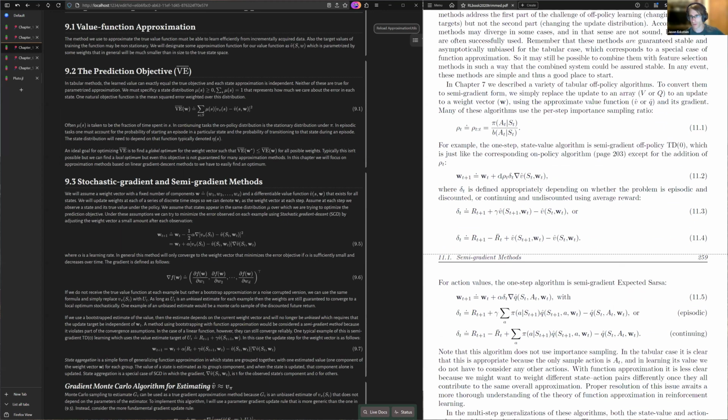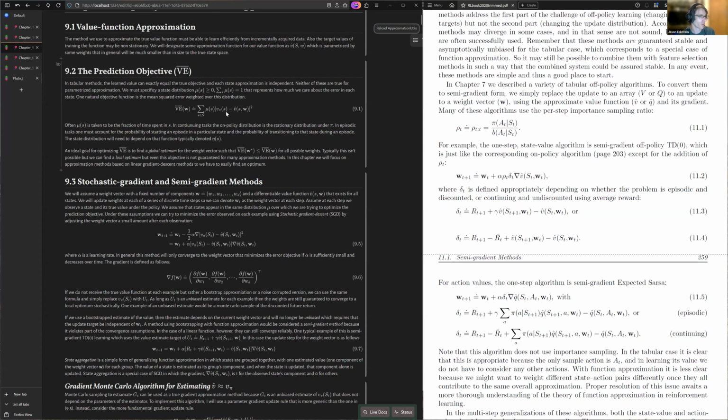And in this chapter, it's only going to be looking at these bootstrap methods. The reason for that is probably that they're generally more desirable if you can do it, because if you have a continuing problem, one that doesn't have terminal states, then you can't just sample this with Monte Carlo sampling because the episode will never terminate.